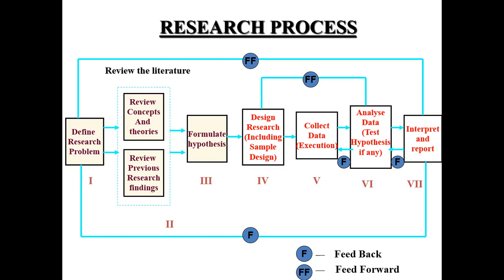So while you make any hypothesis or problem statement or research questions, it is very important to know whether you have gone through all the relevant theories, principles, fundamentals, along with all the research which is related to the topic which you have identified.